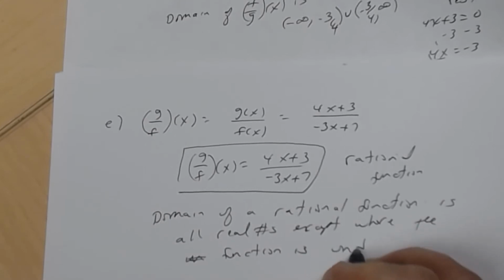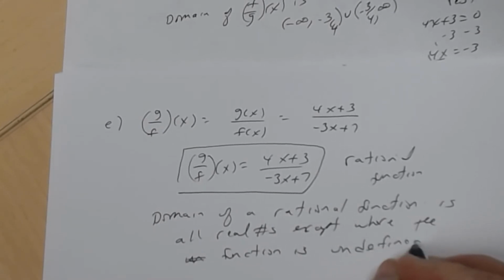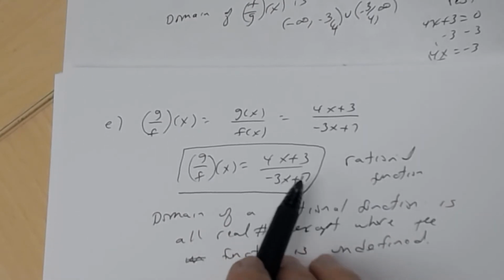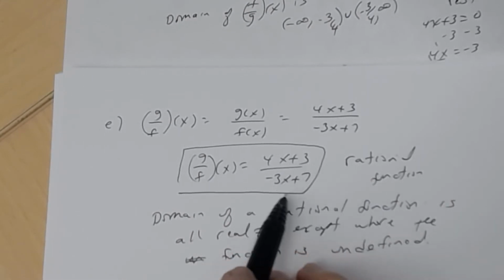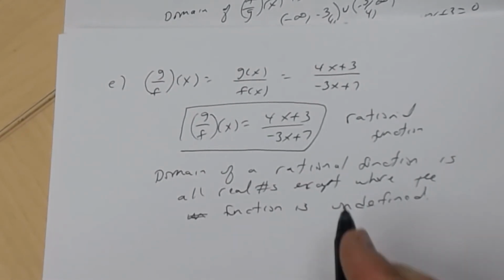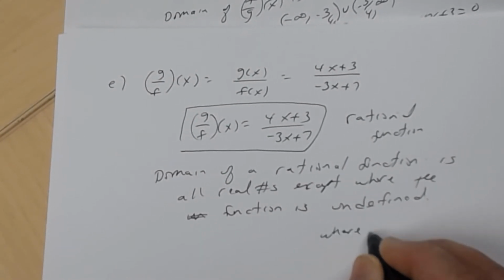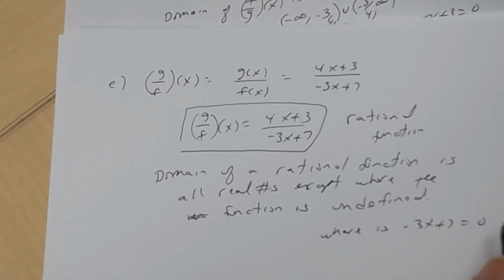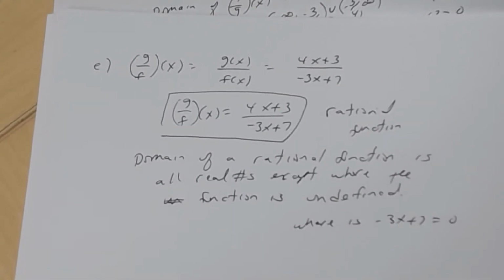So we have to find out, where is this undefined? Well, remember, a rational function is undefined when the denominator is 0. So I have to find out, where is the denominator equal to 0? So where is negative 3x plus 7 equal to 0? For what value of x? So I just solve that equation.